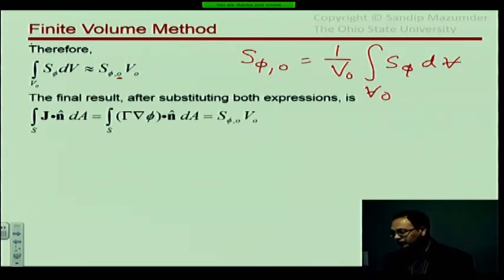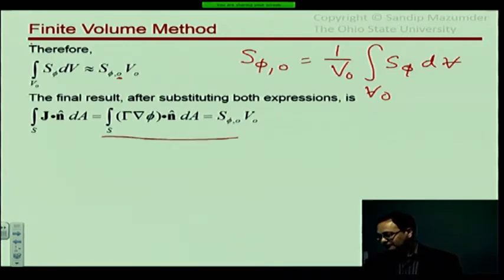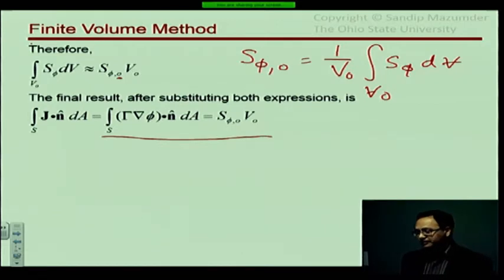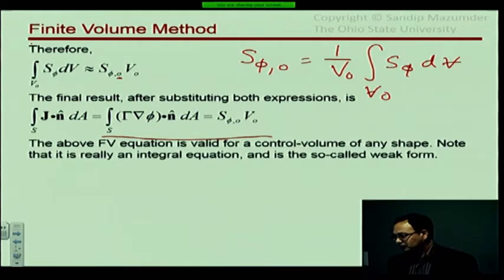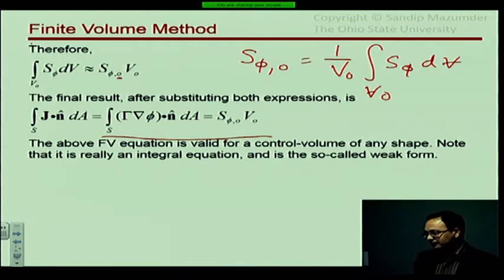So our final result then becomes that the surface integral of the flux, the normal component of the flux, is equal to the source term. So this equation that we just derived, if you go back and look at the steps we took to derive it, there is no approximation whatsoever in terms of what control volume shape or what its size.